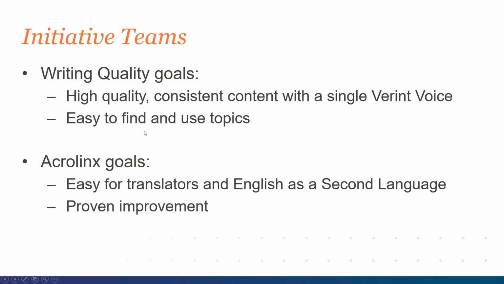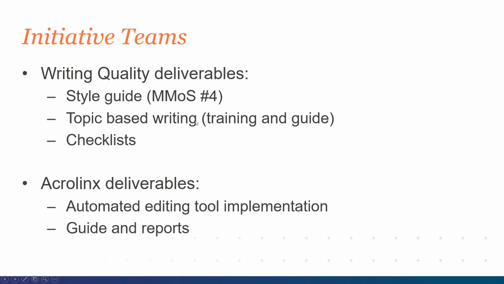I'll start with the non-Flare stuff. They had goals. Really our goals were things like English as a second language readers should have an easier time, for example, for Acrolinks, or goal-oriented topic-based writing is what we wanted to pick for the quality writing standards. And then they had deliverables.